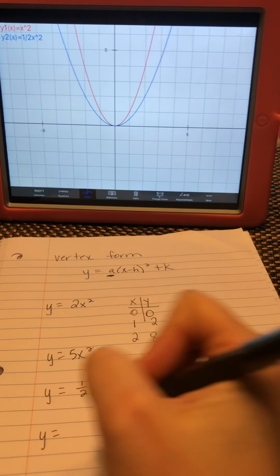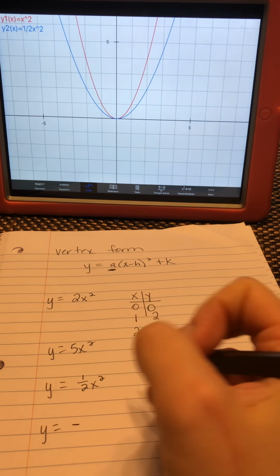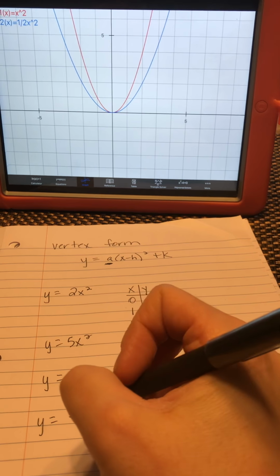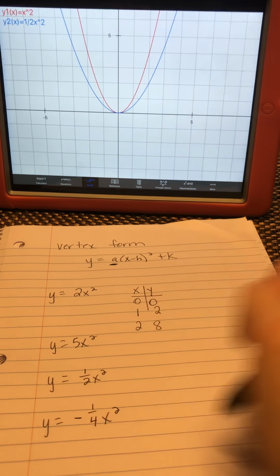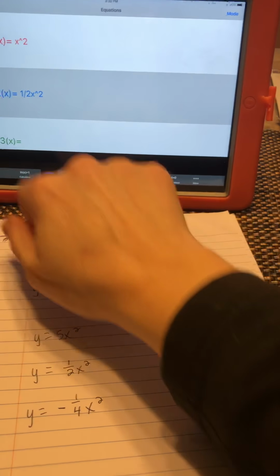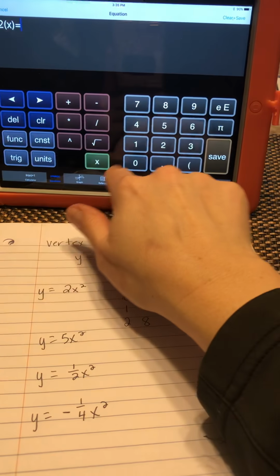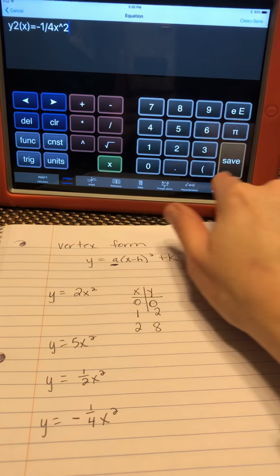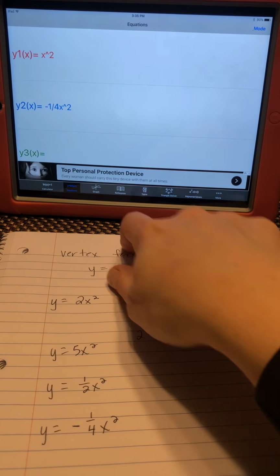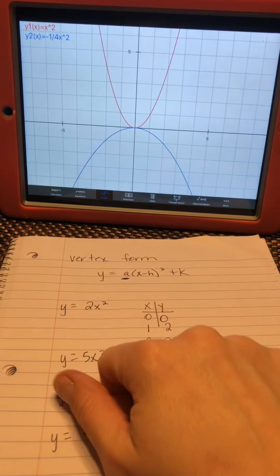There's one more thing we need to talk about with that a value. What if I would make it a negative? So let's just say, a negative 1/4 x squared. So I'm going to leave the parent function in there, and I'm going to make this negative 1/4 x squared. And what kind of predictions do you guys have?